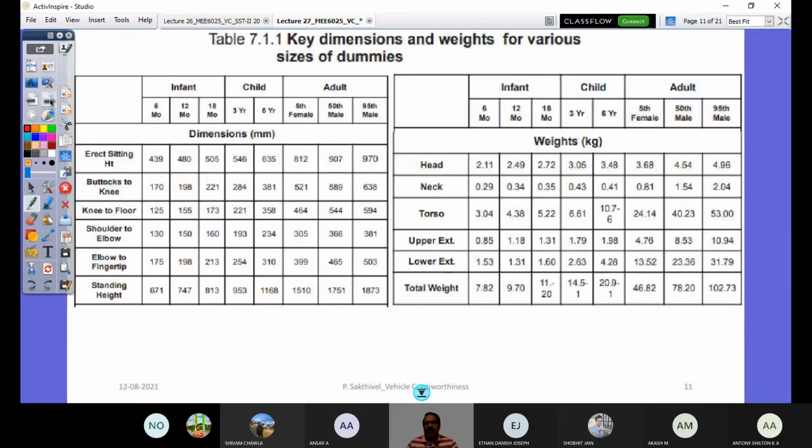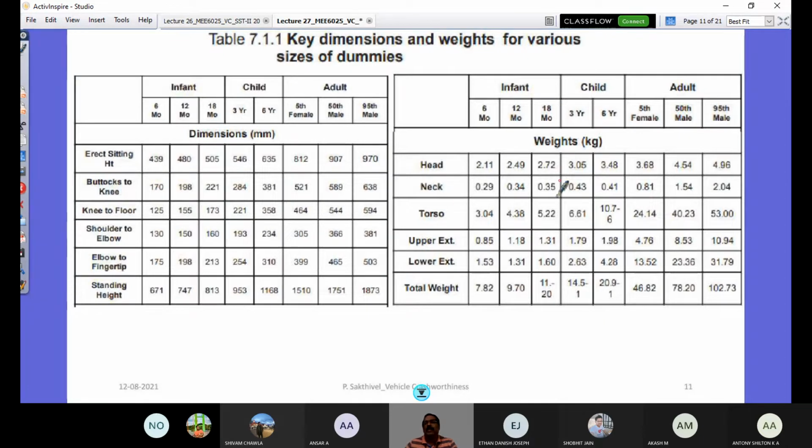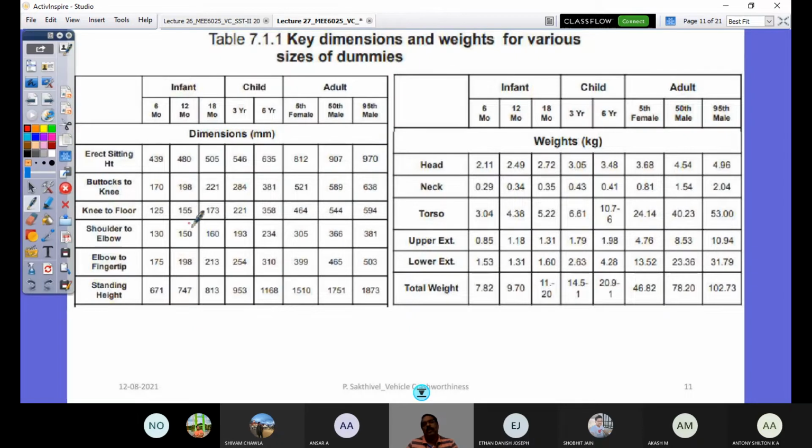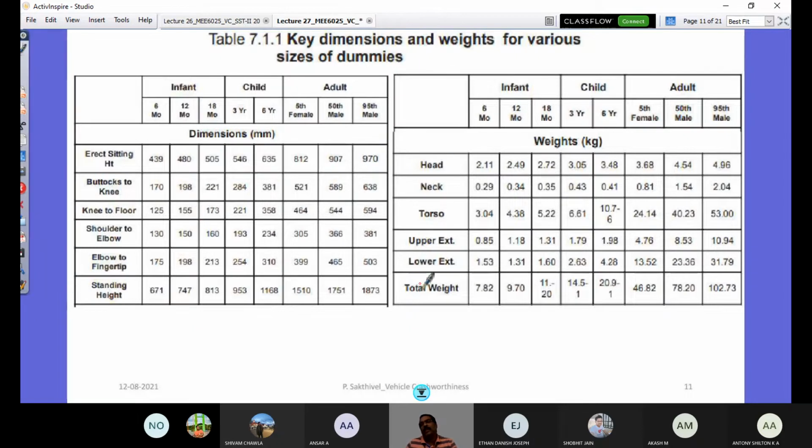So we have many data on these dummies. I'm not going to go through them in detail, and I have just stacked them here as a ready reference for you to look at. And see these tables here: key dimensions and weights of various sizes of dummies. So you have infant, child, adult, the dimensions and weights with the different orientations of the dummy, and the weights of individual organs of the dummy, right?